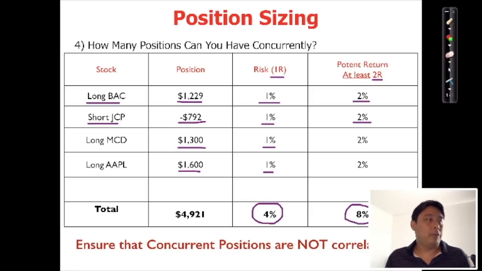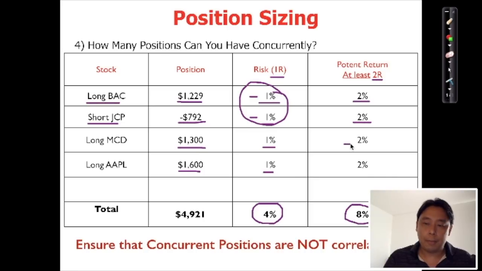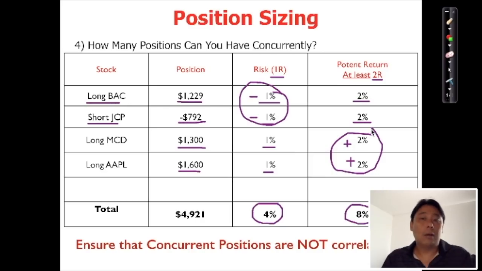But what if you get a 50% win rate, which means that out of 4, 2 are winners and 2 are losers. So let's imagine the first 2 are losers and you're down 2%. And the next 2 are winners and you are up 4%. So on a net basis, what's your return?